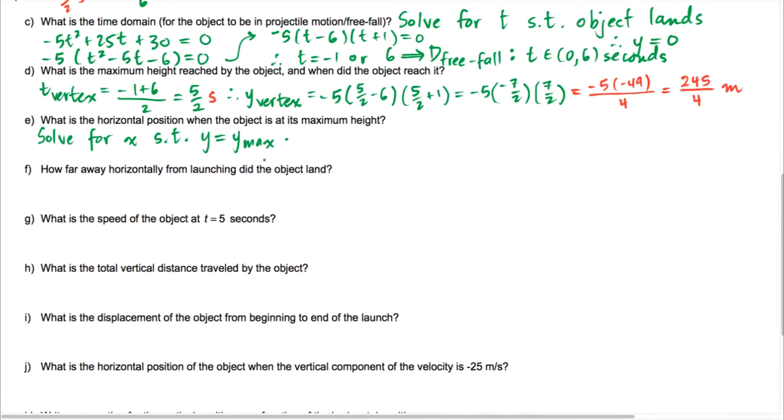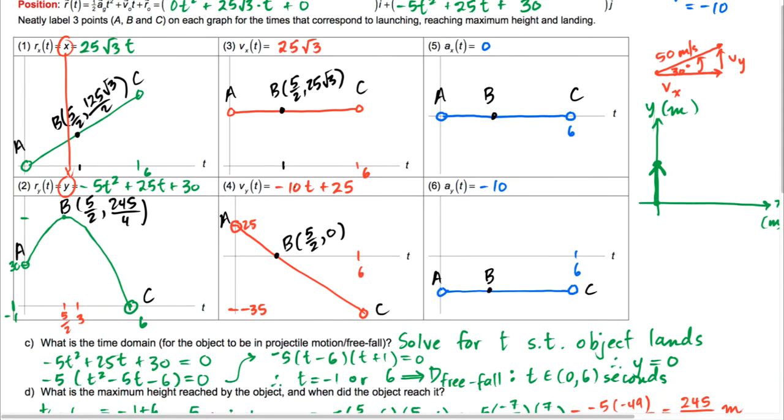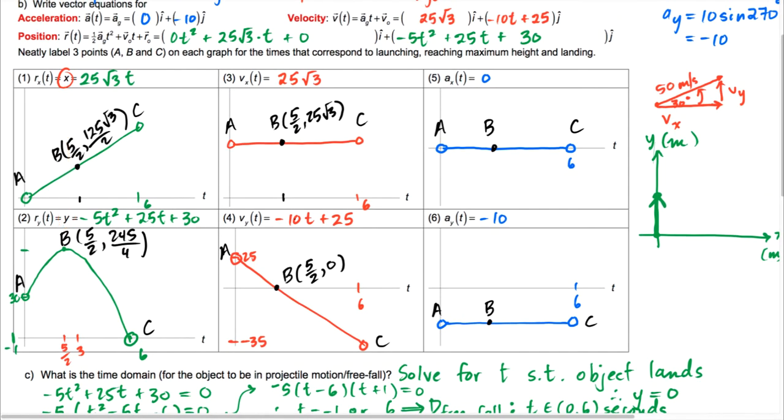And so right now we're trying to relate x from here with y from here. And the only thing that links these two things together is time. So we really need to take that question and back it up so that it's in terms of time.